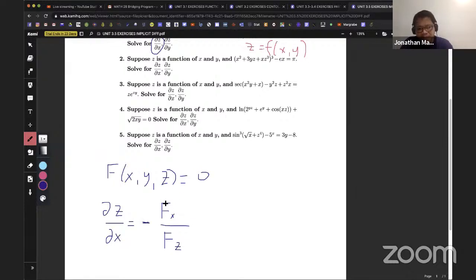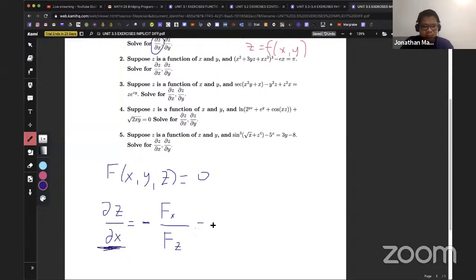Then for the numerator, you take the partial with respect to the variable in the denominator. Since the denominator in the problem is x, the numerator is the partial with respect to x. The numerator is z, so the denominator for the partial is with respect to z.